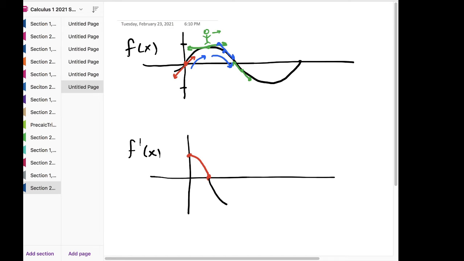Then when does the derivative start going back to zero, if at all? Probably when the curve flattens out again, right? Like here.